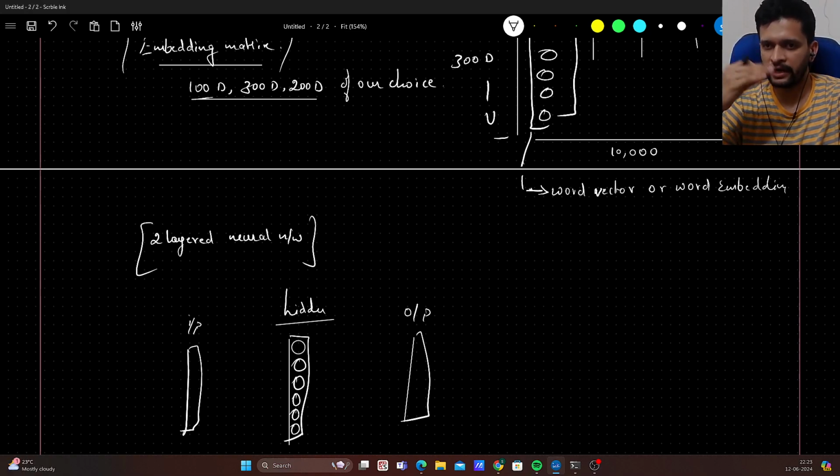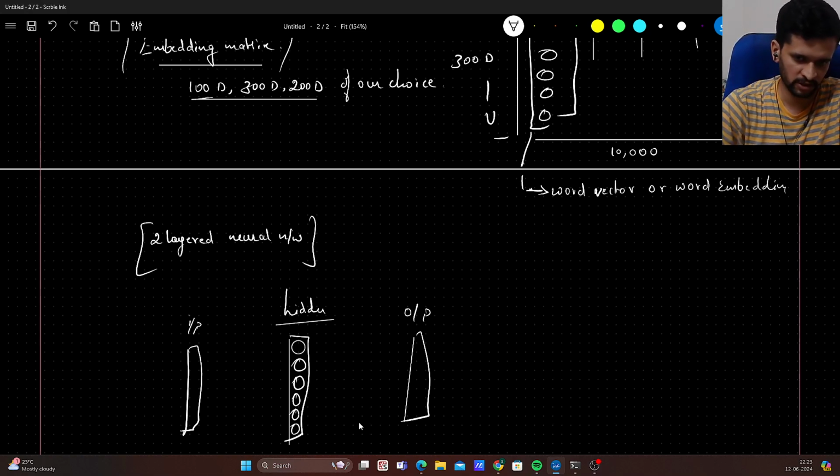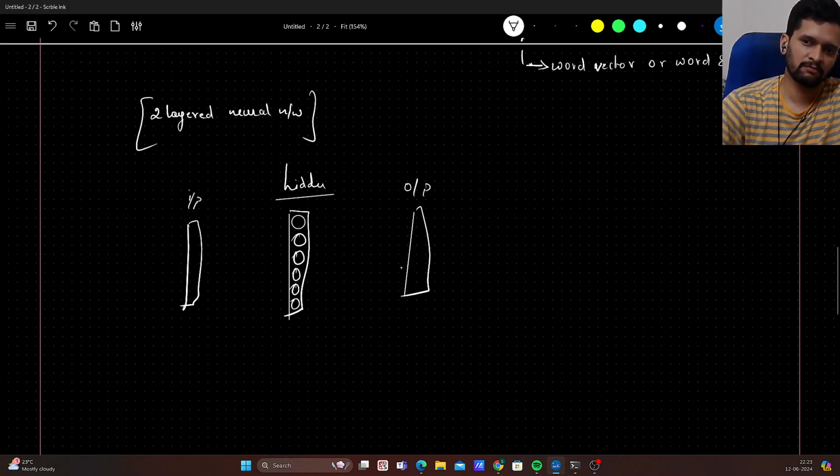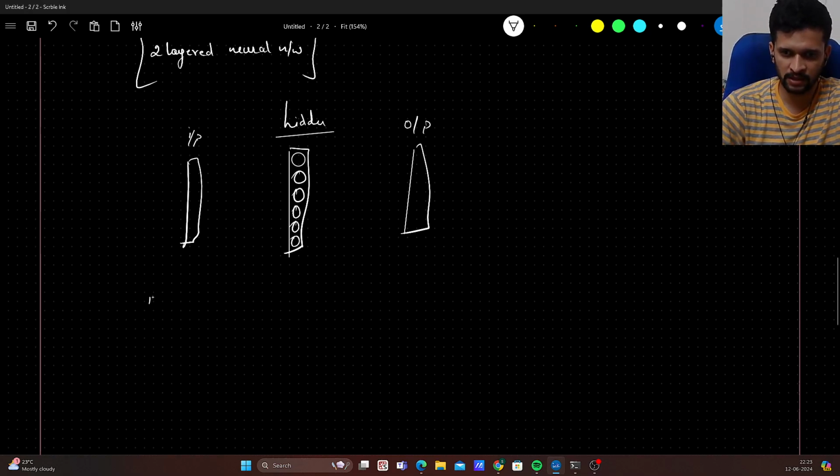If we want 300 dimensions for each word as a vector space, we will have 300 neurons in the hidden layer, and so 300 associated activation functions. So how do we do this? We will follow either of the following methods. One is CBOW or skipgram.